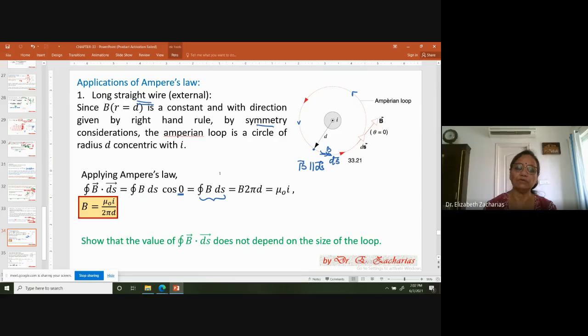So take B out of the integral, so you get B into integral ds. And what is integral ds? If you do the integration, it will be the circumference of the circle, or it will be 2 pi d. And what is on the right hand side? Right hand side is mu naught into I. Therefore, take 2 pi d to the other side, you get B is equal to mu naught I by 2 pi d. Okay, here in green letter, I have given an exercise which I want you to try.